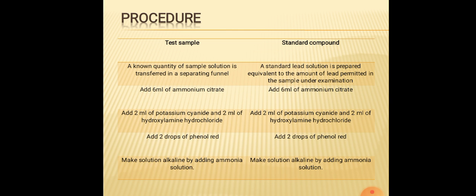Next, the procedure for your standard sample. For the standard, a standard lead solution is prepared equivalent to the amount of lead permitted in the sample under examination. Then add 6 ml ammonium citrate to the standard lead solution.